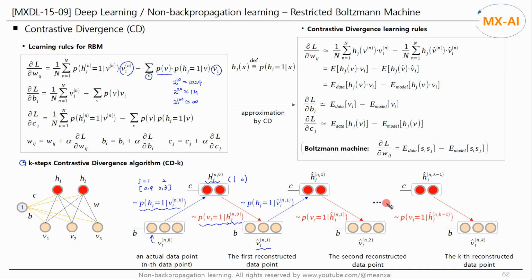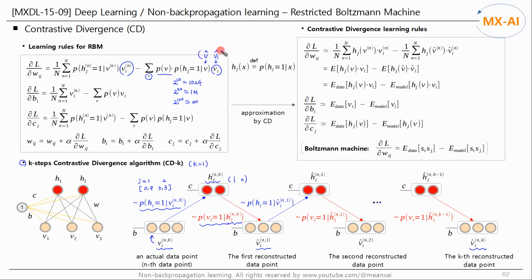Repeat this K times. Then we can obtain the final Vk at the kth step. This is to reconstruct the input data V using this model. And typically the number of repetitions, K, is 1. This works well in practice.